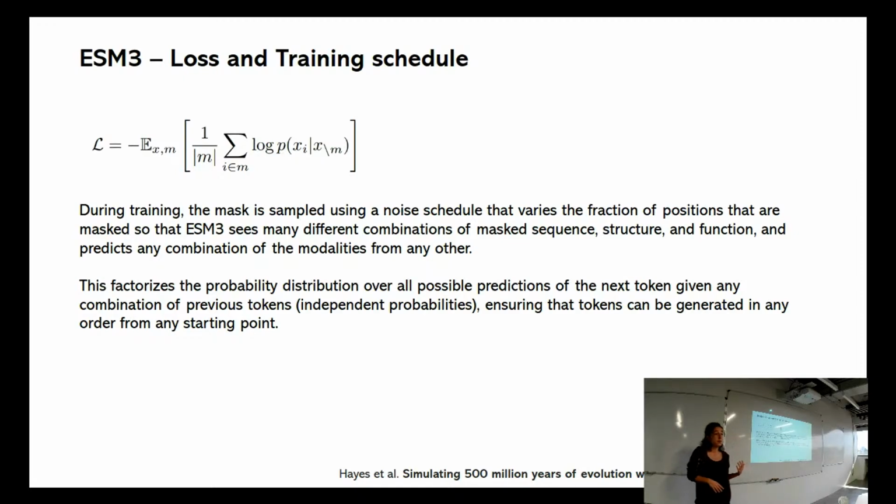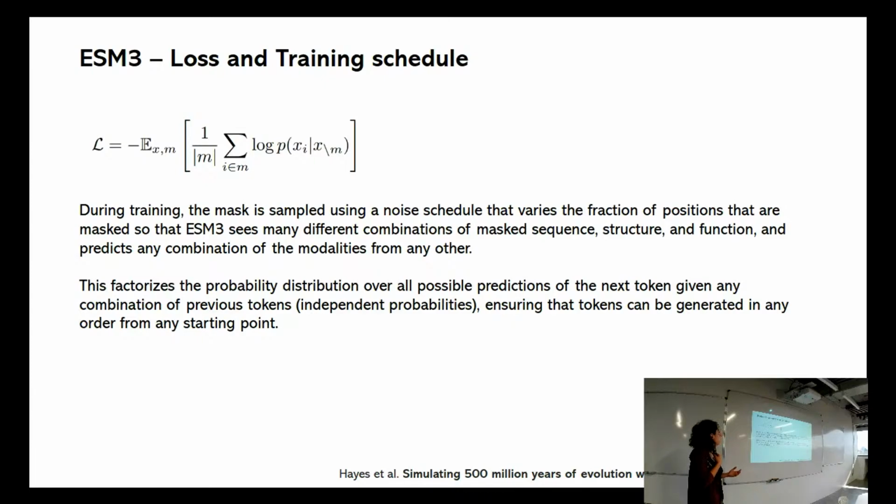But it can also be generative, so you can basically tell the model to generate a structure or a sequence with a given function. Just by saying, for example, I want these amino acids in this position and this other amino acid in this position. This is a prompt that you give. It's like a suggestion. The model will generate a sequence with that constraint.